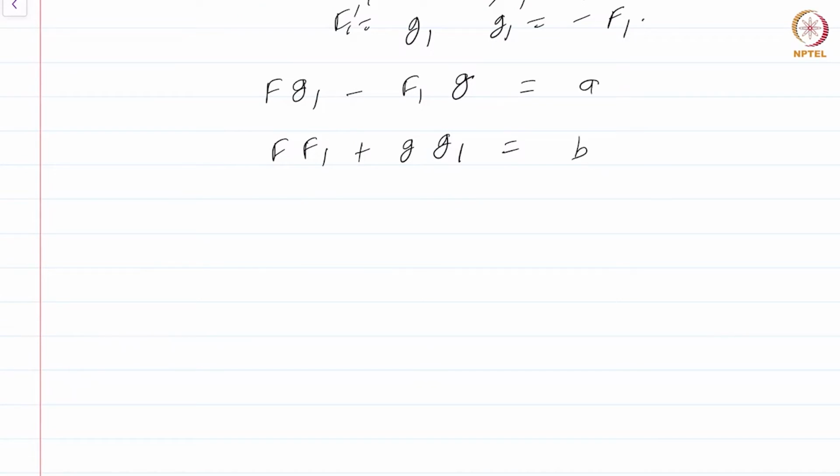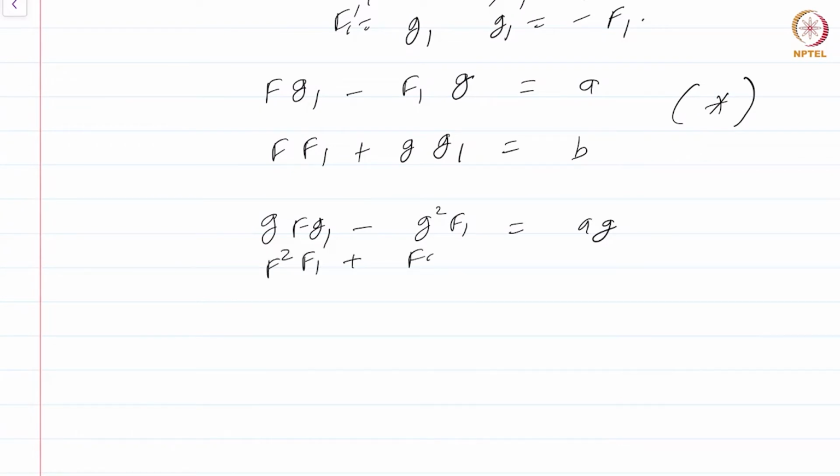So let me rewrite the equations and not butcher what is already there. I'm going to call this pair of equations star. Now I'm going to multiply the first by g and the second by f. So what we will get is g f g1 minus g squared f1 is equal to ag, and we will get f squared f1 plus f g g1 is equal to fb.